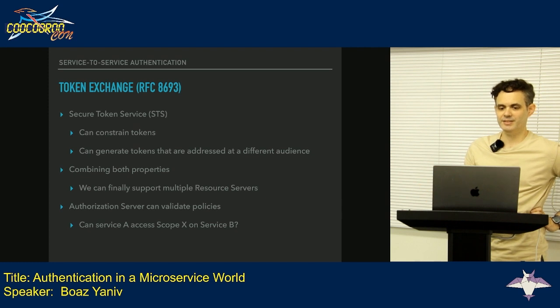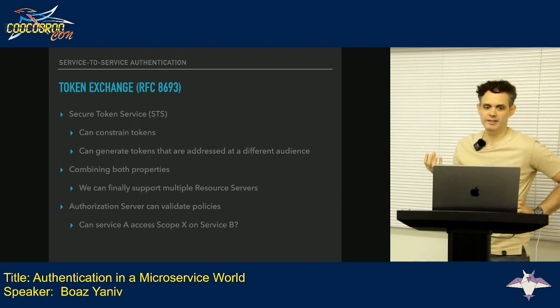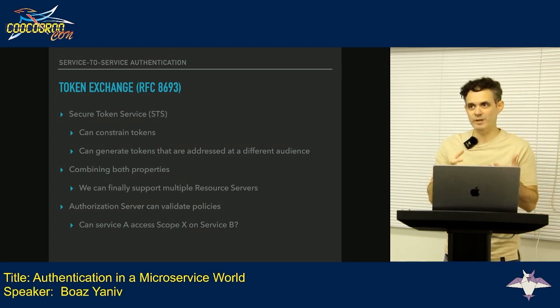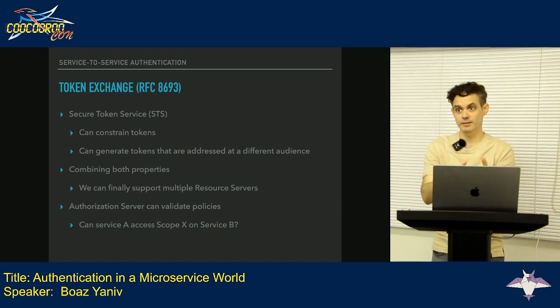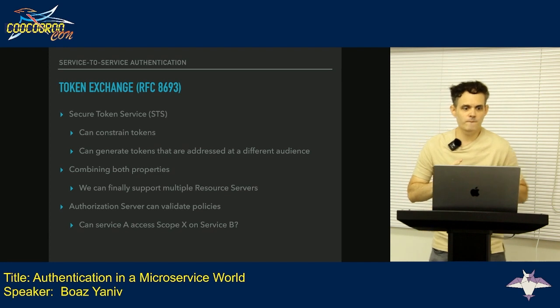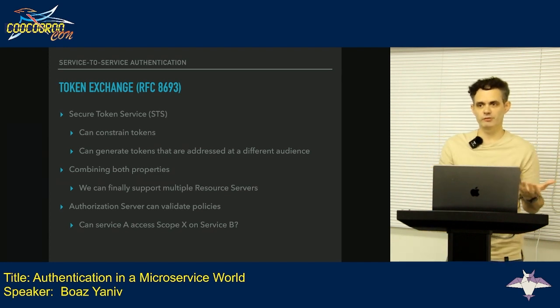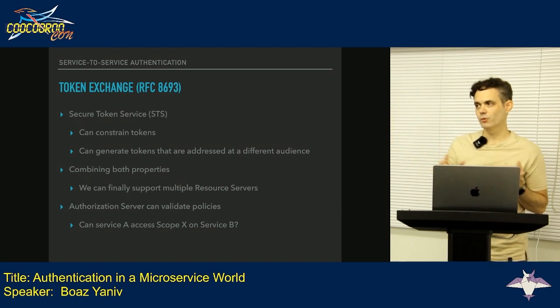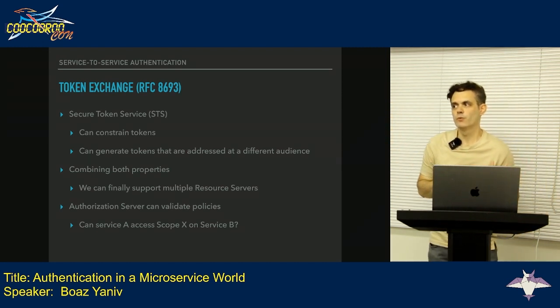And a standard that is part of that is called token exchange. The idea is that you just add one more option to the token endpoint where you can send an existing token, an access token that you have, for instance, and exchange it for another token. And you specify something called an audience. So this way, OAuth finally supports multiple resource servers.